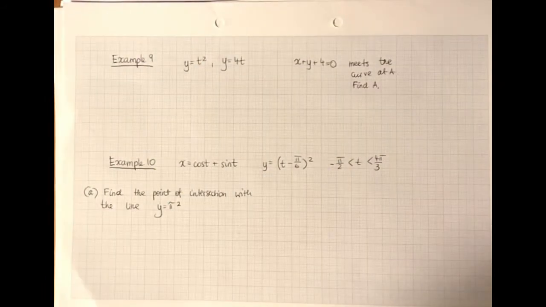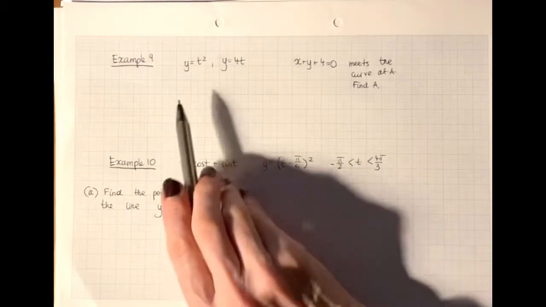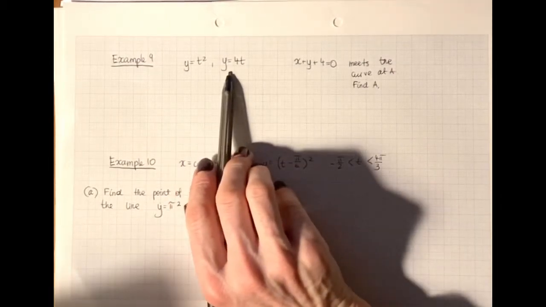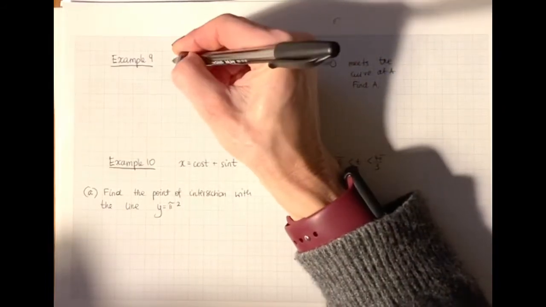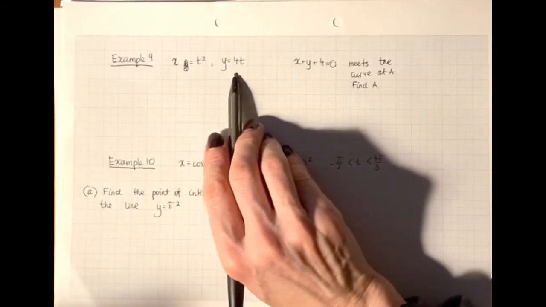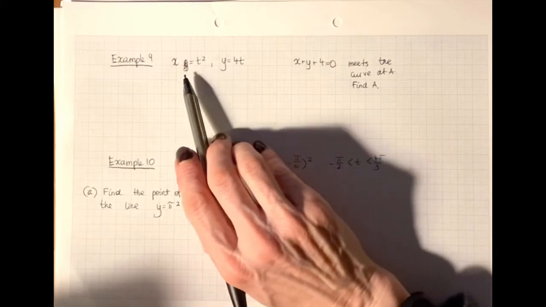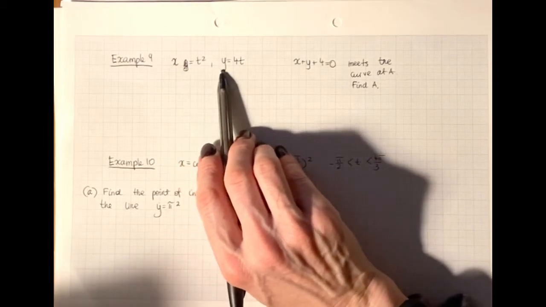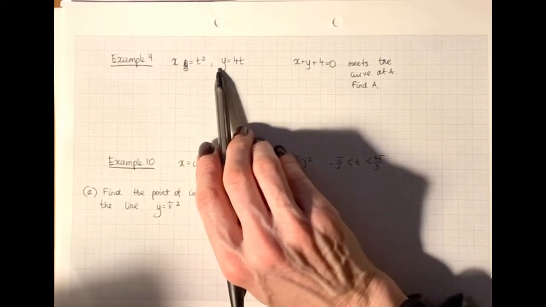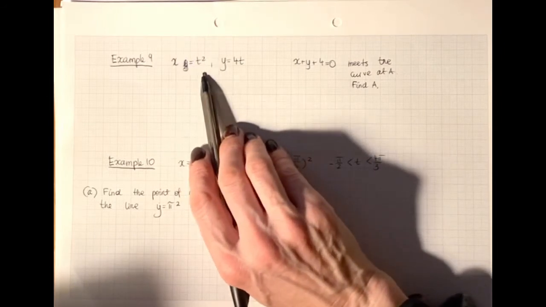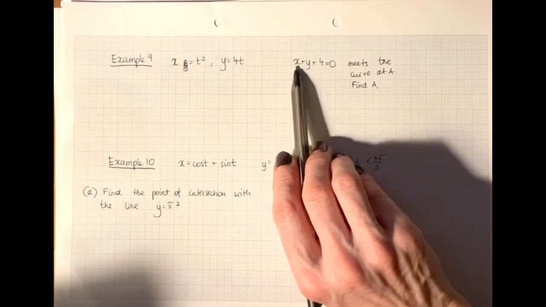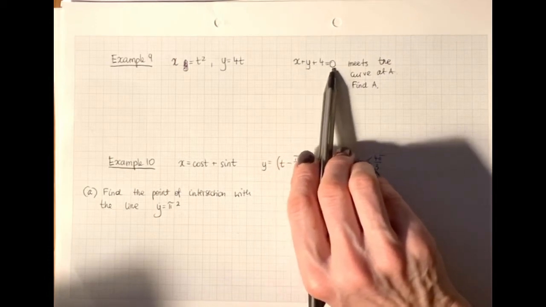In example 9, we've got x equals t squared and y equals 4t. Sorry, I copied it wrong earlier. Now we need to find the points where the curve, which is defined by parametric equations, meets the line x plus y plus 4 equals 0.